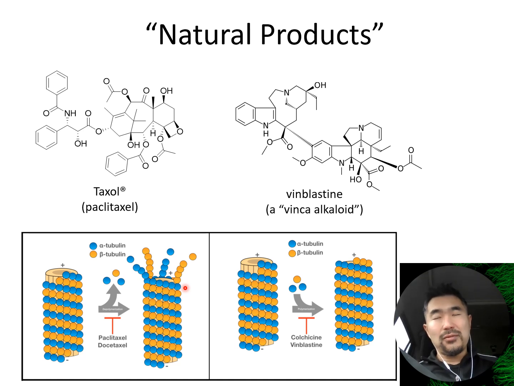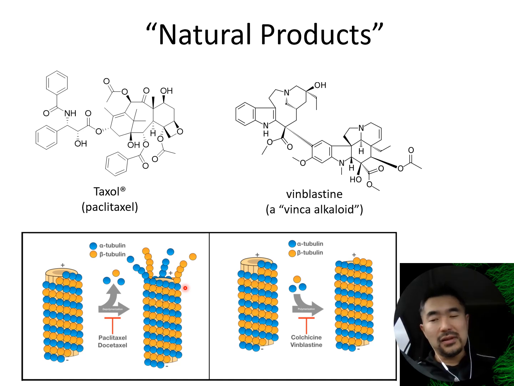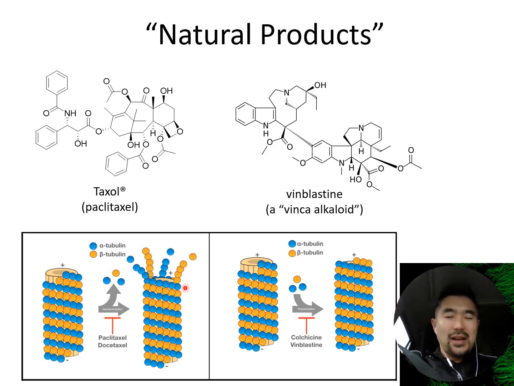Of course, for cell replication, this is very important because it's how we designate where the chromosomes go, where all these newly biosynthesized proteins go and stuff like that. So you need to be able to recycle old microtubules and form brand new microtubules for cell replication to happen.